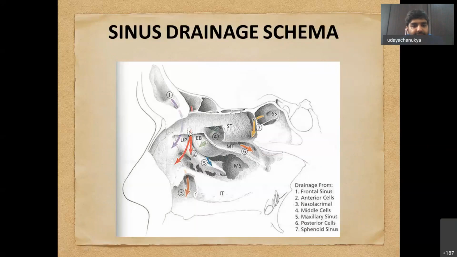Anteriorly, frontal, anterior ethmoidal, and maxillary drain into the middle meatus. The posterior functional unit, comprised of posterior ethmoidal air cells, drains into the superior meatus, and the sphenoidal sinus drains into the sphenoethmoidal recess. There are 3 groups of the sinuses according to the 8th edition of Scott-Brown.